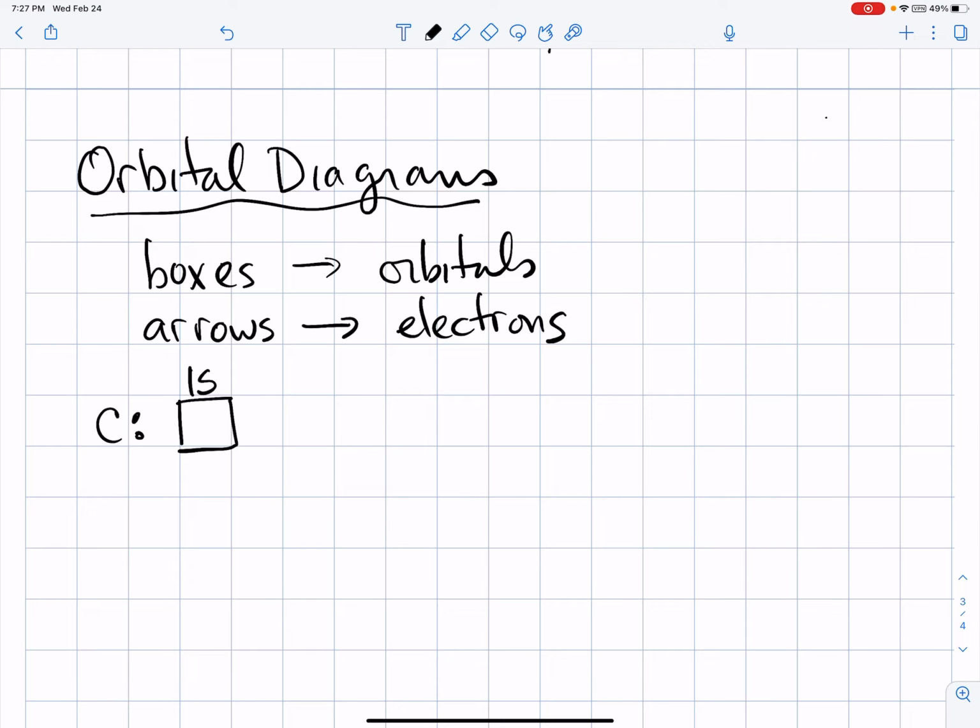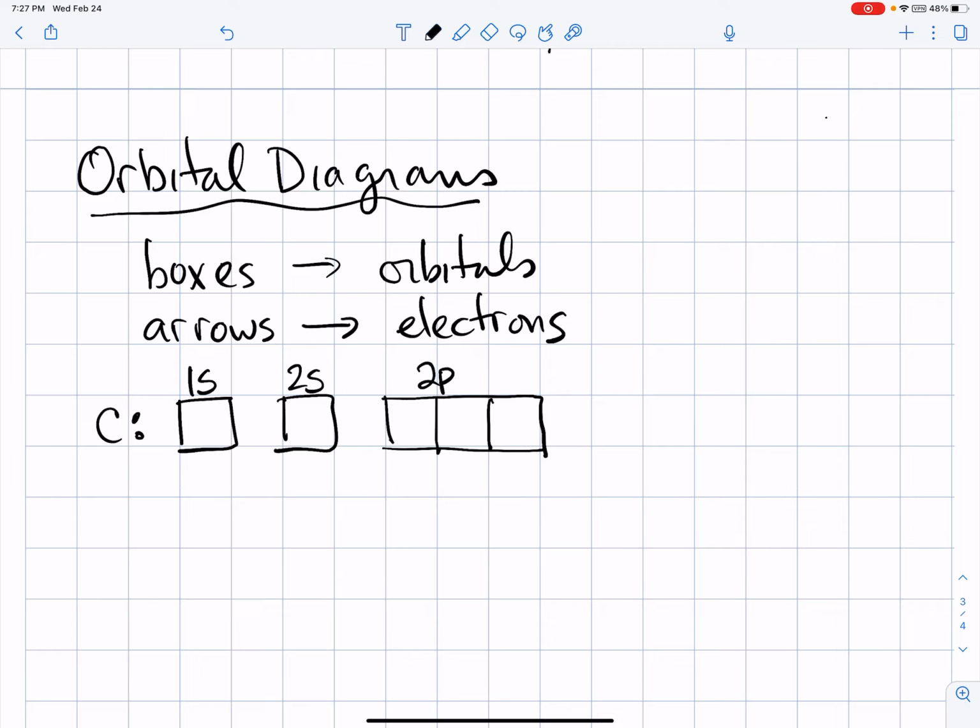So there's the 1s sublevel. Then we have another box, there's the 2s sublevel. And then comes 2p, and remember the 2p sublevel always has 3 boxes. So I'm going to write 3 of them. There's 3 orbitals in the p sublevel. So, whoops, this is 2p.